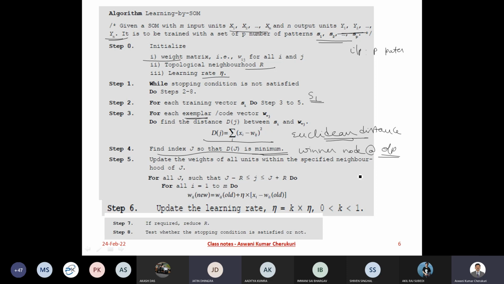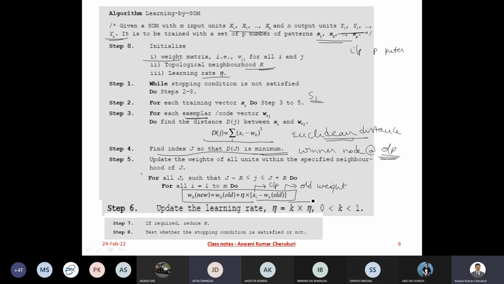Once you identify the winner node, based on your radius R, you perform the learning. How do you perform the learning? The new weight is equal to the old weight plus the learning constant times the difference between the input and the old weight. That's all. This is how your learning is taking place.